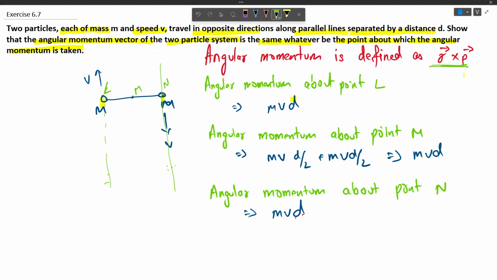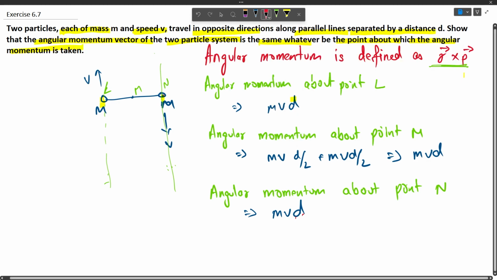Angular momentum about point L, for the particle at point L, would be 0 because the position vector would be 0. Now the position vector for the particle at point N would be directed in this direction.